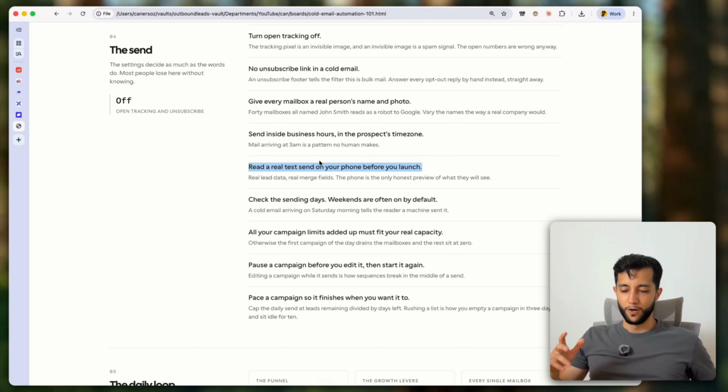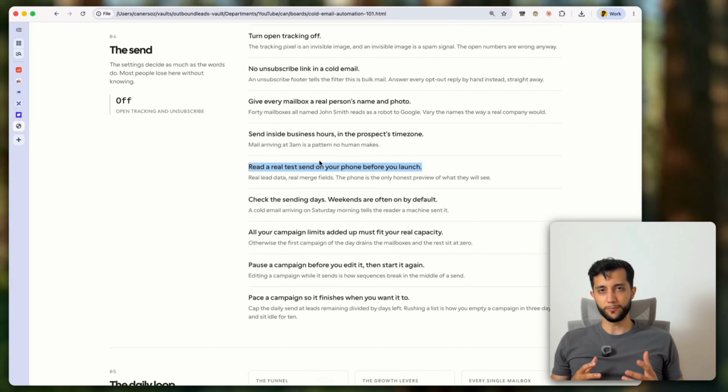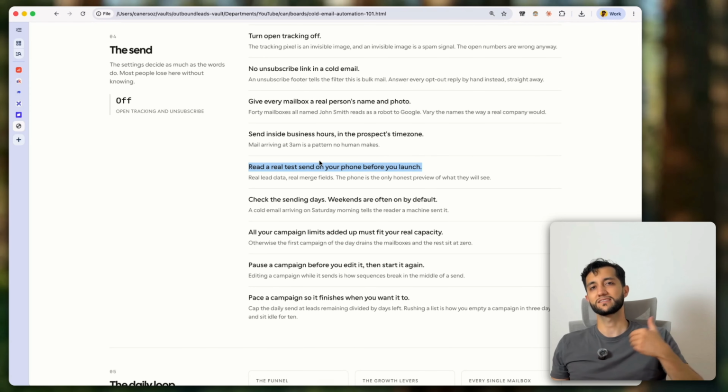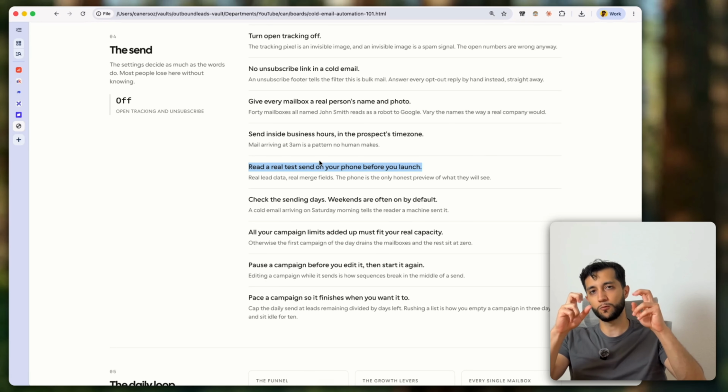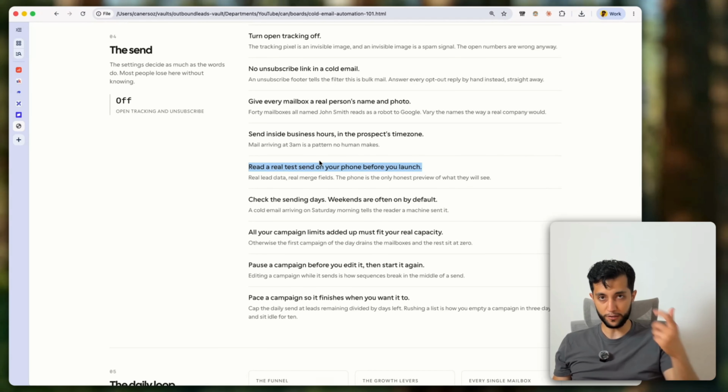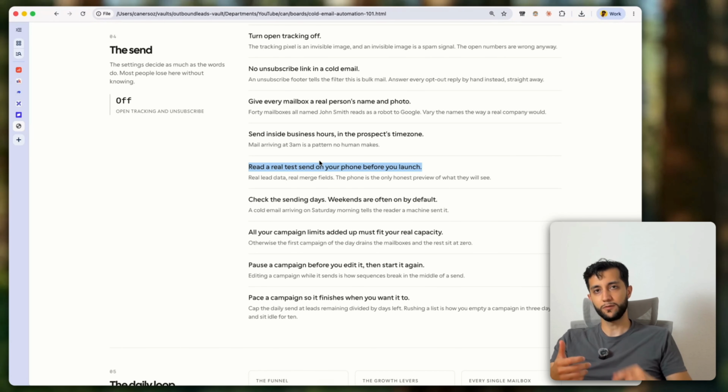So whenever you write out new email scripts and you want to send them out, before you launch the campaign, just have Claude or the emails tool that you're using send you test emails to your main inbox, like your normal email address, right? As if someone would cold email you. And then take your phone and click on the email and just glance at it for a second.